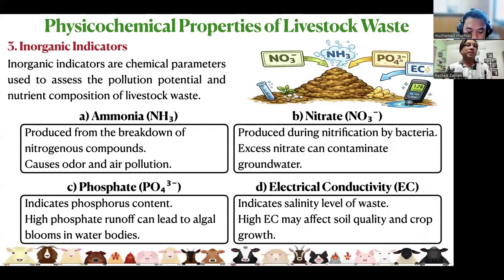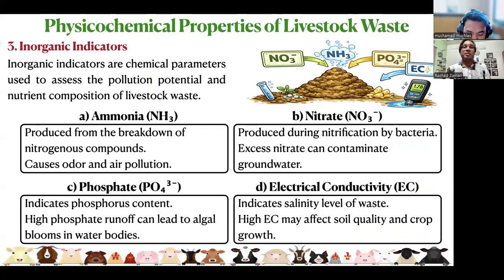Now we will learn some inorganic indicators, because inorganic indicators are chemical parameters used to assess the pollution potential and nutrient composition of the livestock waste. For example, ammonia. Ammonia is produced from the breakdown of nitrogenous compounds, for example urea and protein.